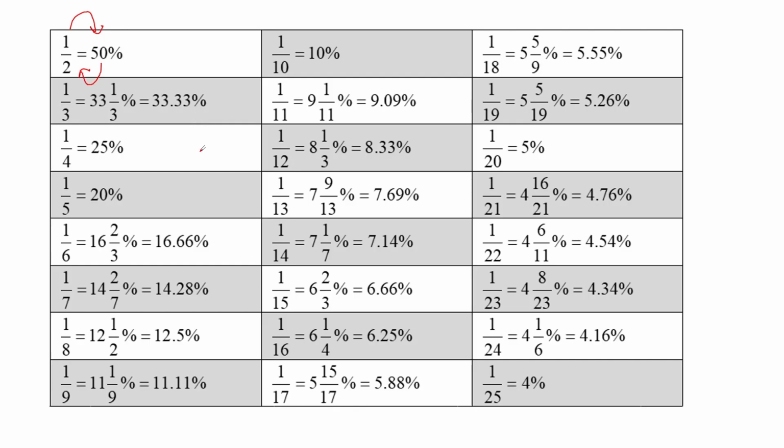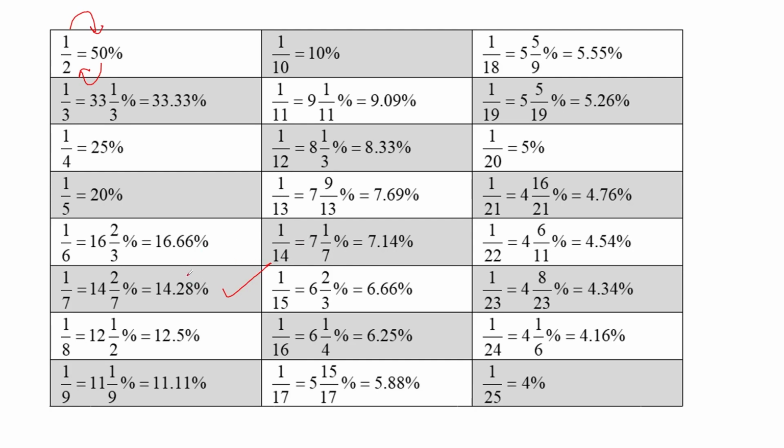Suppose you are told that there is a profit of 14.28% on an article which costs rupees 49. Now, if some article is costing rupees 49 and the profit is 14.28%, you will first calculate 14.28%, that is, you will do 14.28 divided by 100 into 49, and that will be the profit, and then you will add it to 49.